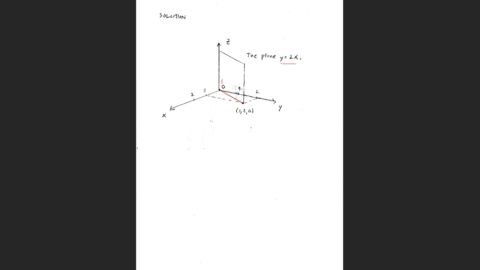Like y equals 2 times x, so 2 times 1 is 2. So the point 1, 2, 0 would satisfy that plane because 2 equals 2 times 1.